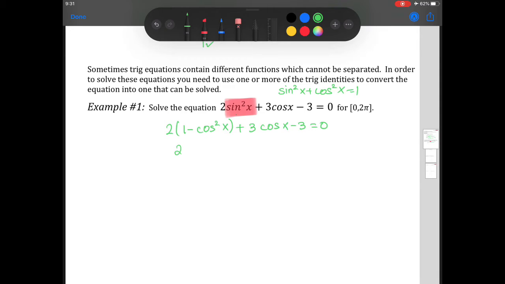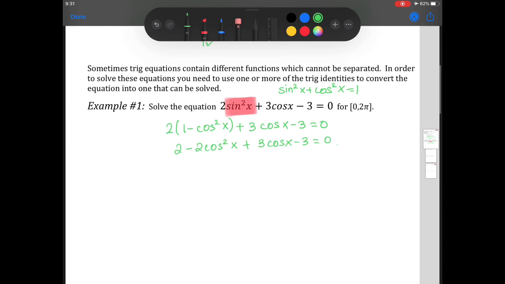Distribute the 2, I get 2 minus 2 cosine squared x plus 3 cosine x minus 3. Simplify this. I want to factor out the negative 1 also, so I'm going to rewrite it as 2 cosine squared x minus 3 cosine x plus 1 equal to 0.